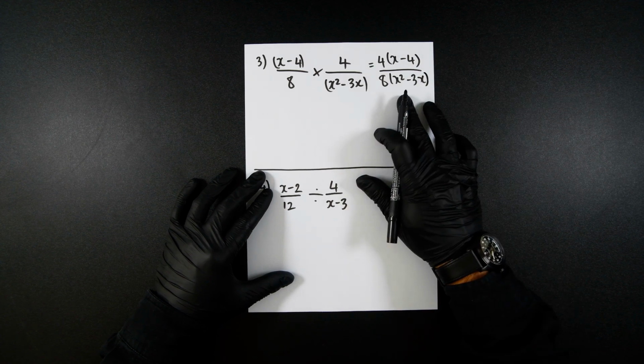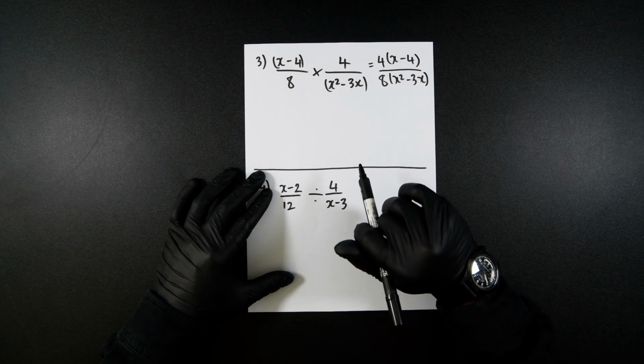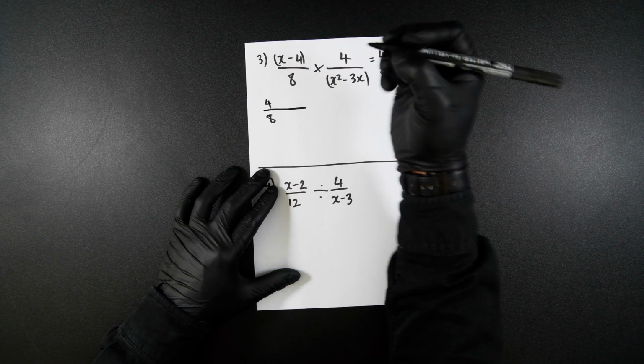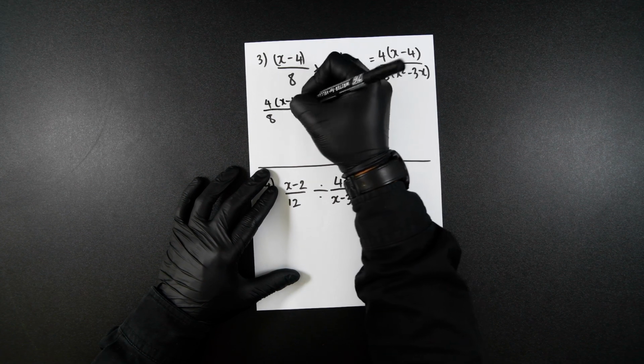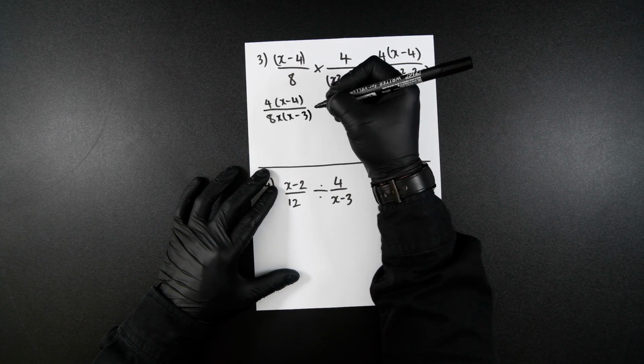The only other thing that we can do is factorise this denominator and pull that x out. So let's do that. We've got 4 over 8, x minus 4, and then we can pull the x out, x minus 3.